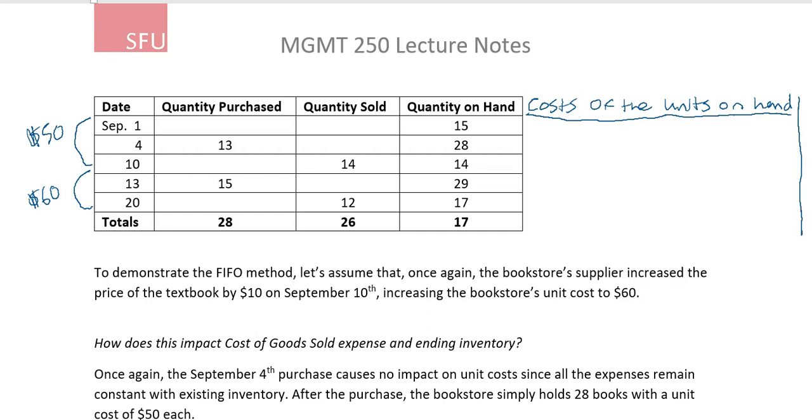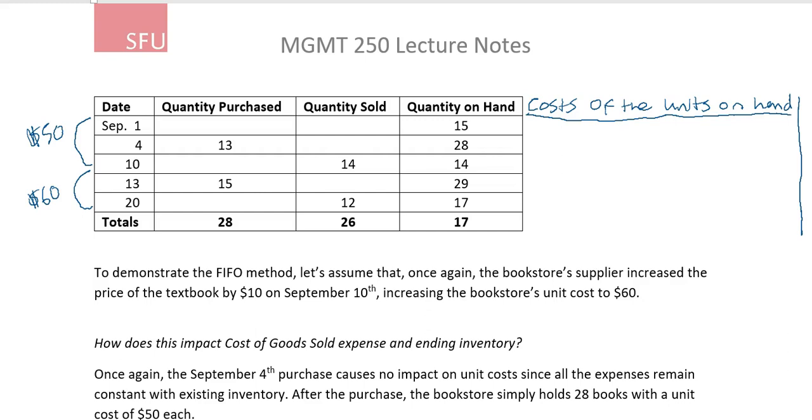Okay, so what I recommend my students to do is to track this process under the FIFO method. So you keep track of the number of units you have on hand and how much you bought the units for. And the idea is whenever there's a sale, you take the oldest units out first.